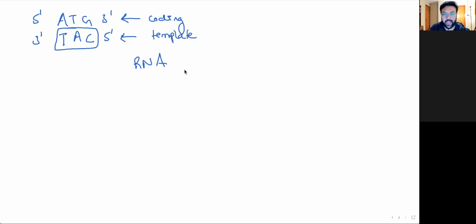Now you're saying, hey, what is this? What the hell is happening? So I told you this is the coding strand, which is also called the sense strand. The template strand is also called the non-coding strand, which is also called antisense. These are all similar terms, which read from 3 dash to 5 dash.